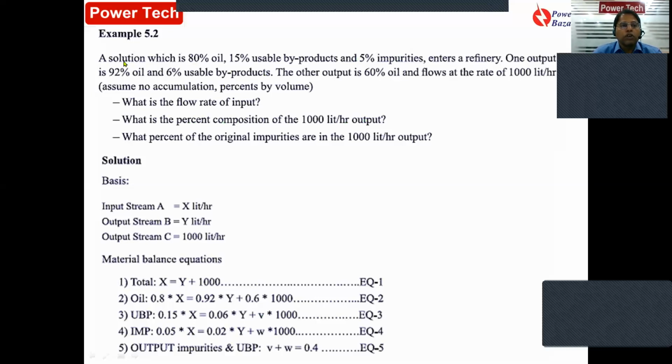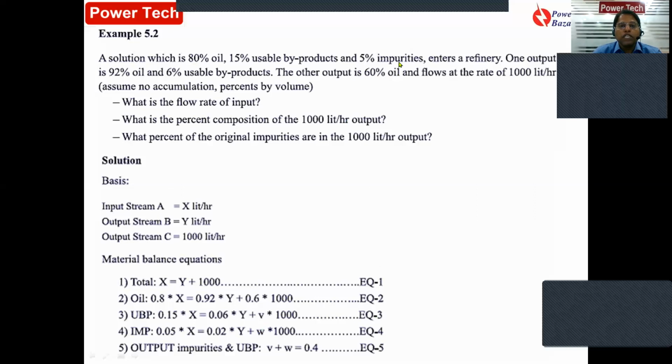Because 92% oil and 6% usable byproduct together make 98%, so 2% is impurities. This w is the impurities in output stream C. So here I assumed two variables, v and w. This is my fourth equation.